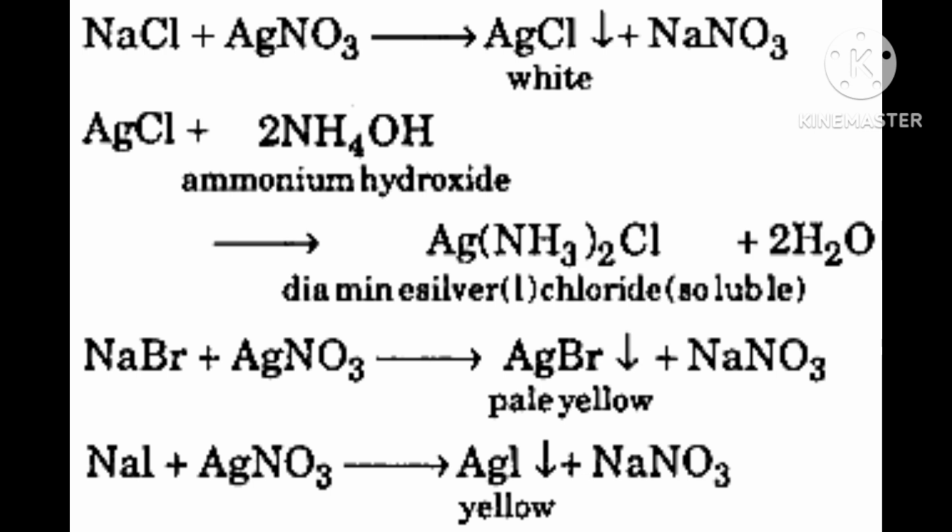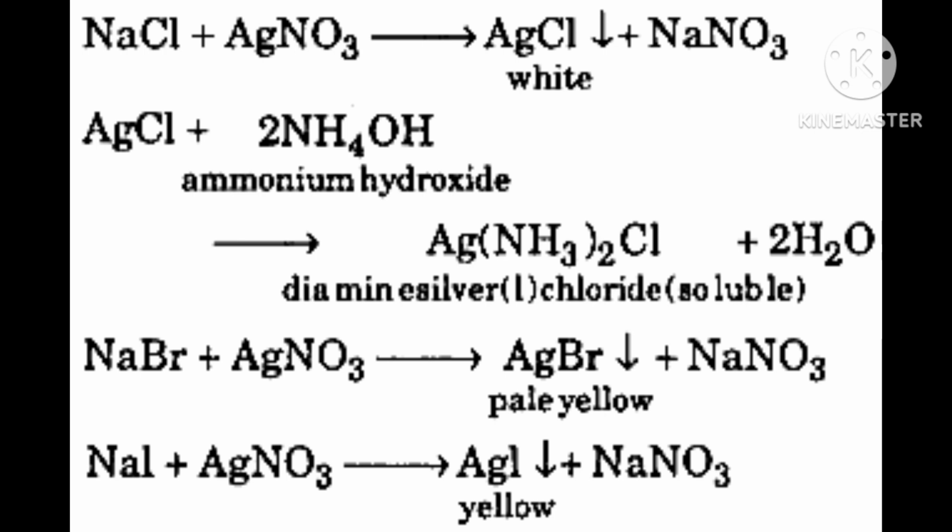And if the yellow precipitate is insoluble in ammonium hydroxide, then it shows the presence of iodine. Both are yellow, but one is sparingly soluble and the other is insoluble. Insoluble in ammonium hydroxide shows the presence of iodine.